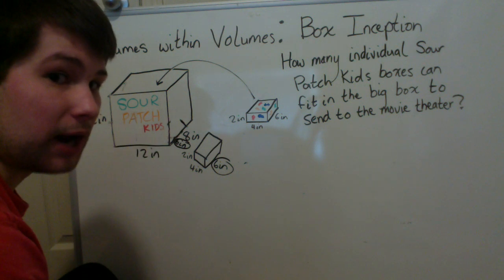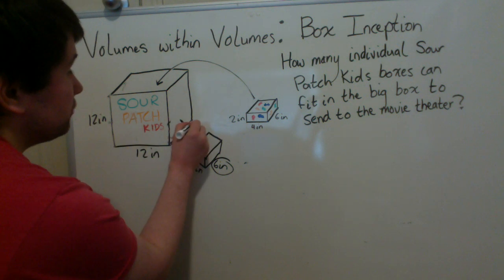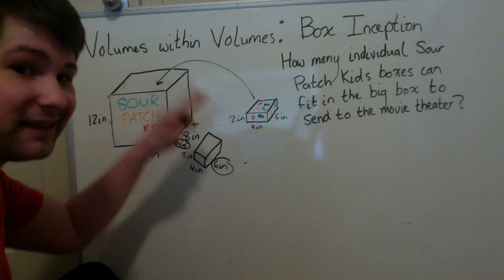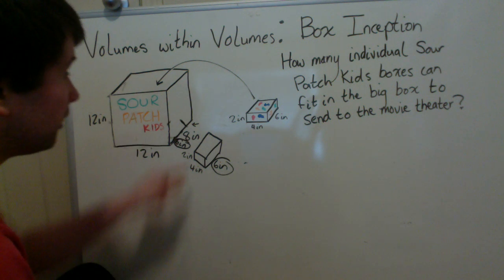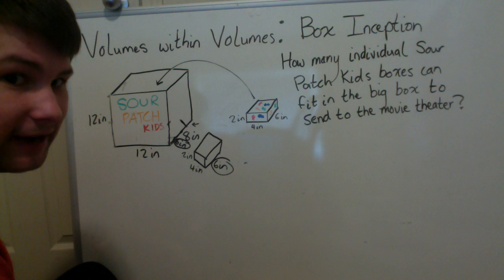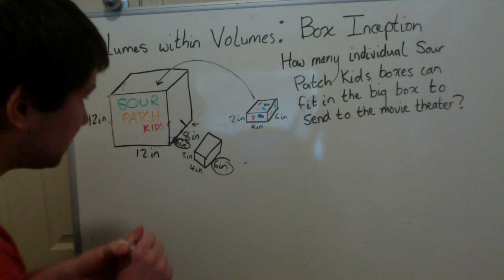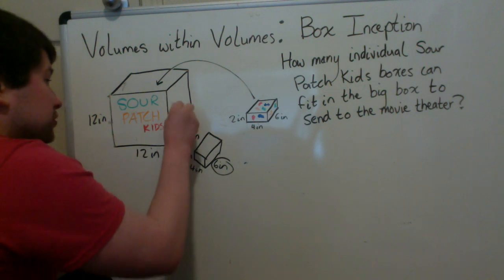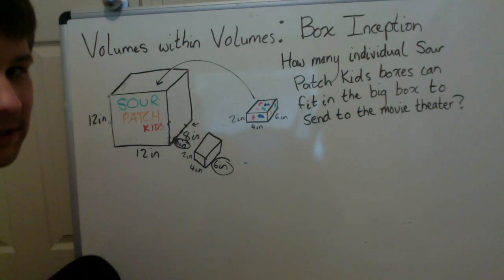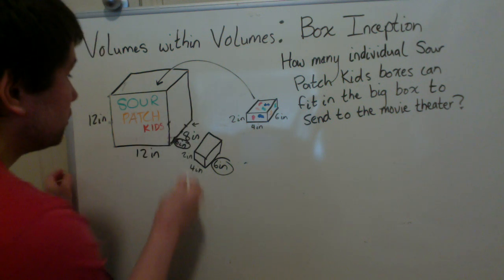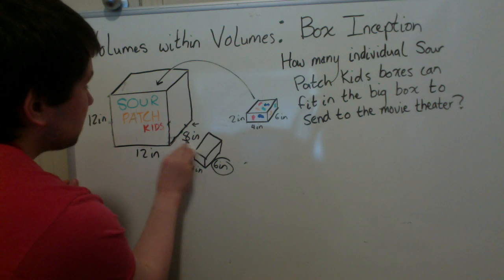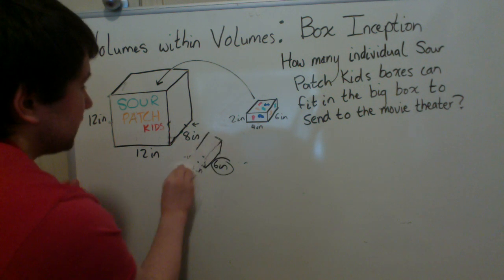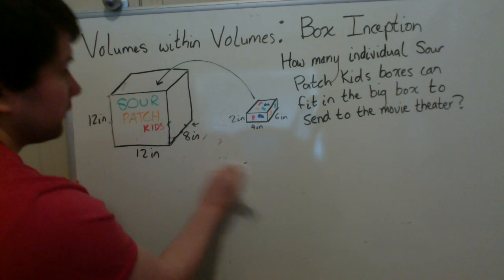The reason that's a problem is that means there's 2 inches there, which means we can't lay down another box flat past that. It doesn't take up the amount of space perfectly like it needs to, which means we probably need to rotate that box to look like it's in a different orientation or it's sitting differently.